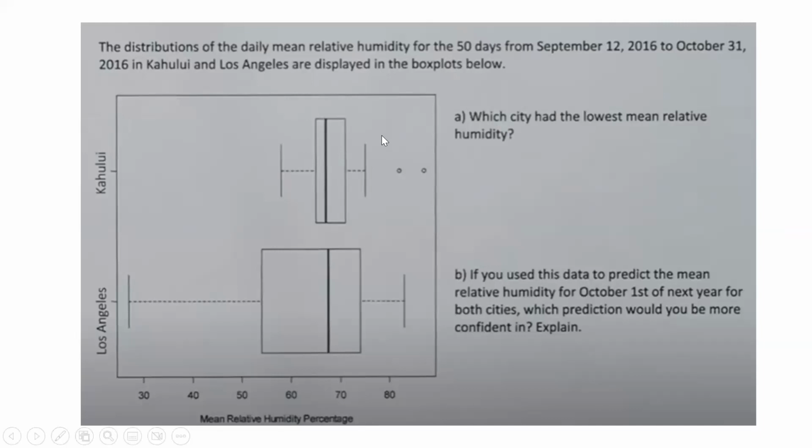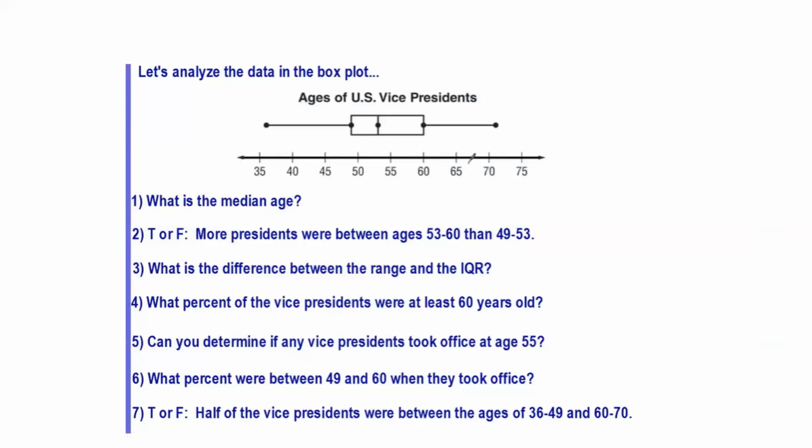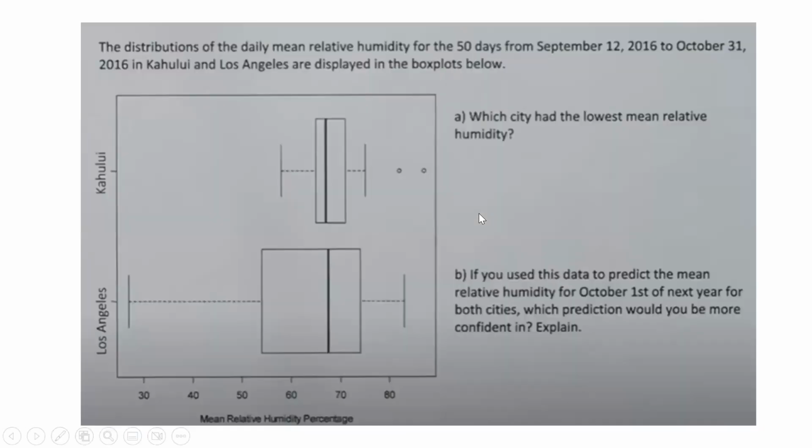The first true or false question was: more presidents were between the ages of 53 to 60 than 49 to 53. True or false? The answer was false, because they all have 25%.